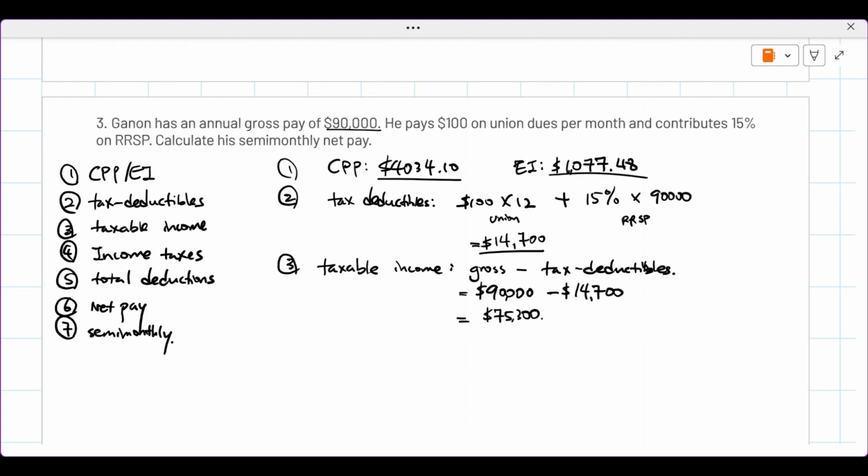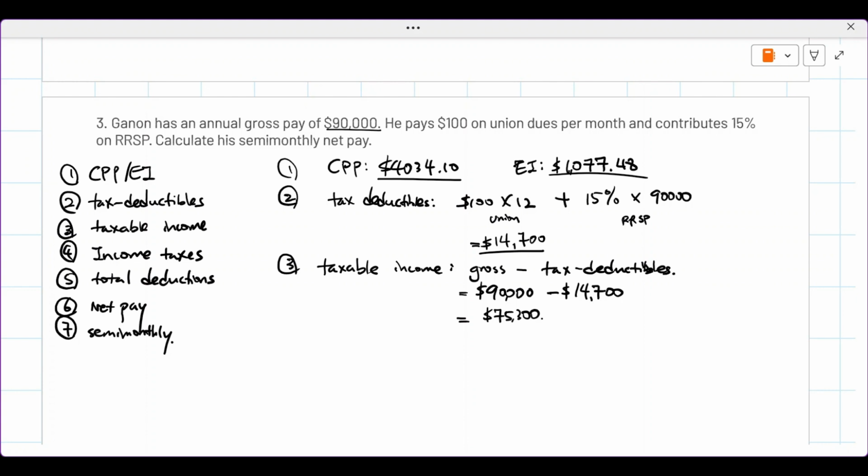Now, this number is important because in order to find the income taxes, we need to use the taxable income. So instead of finding the tax on the $90,000, I'm going to find the tax on the $75,300, which is probably exactly why Gannon decided to put 15% of his income in the RSP.